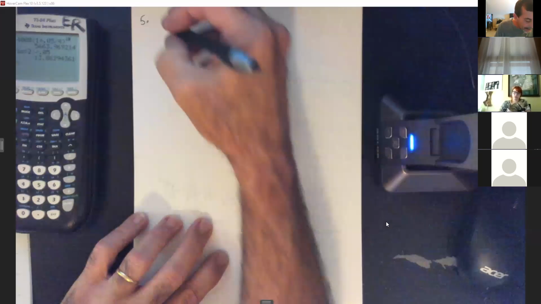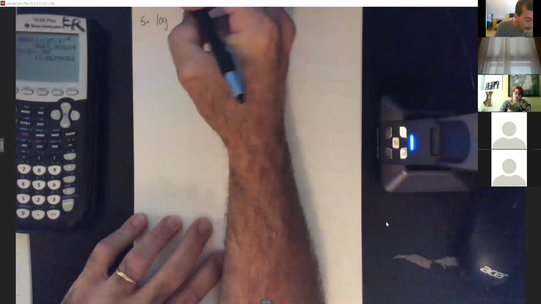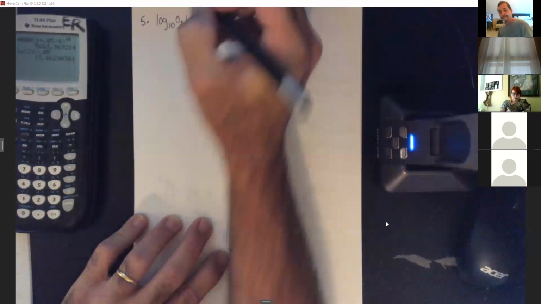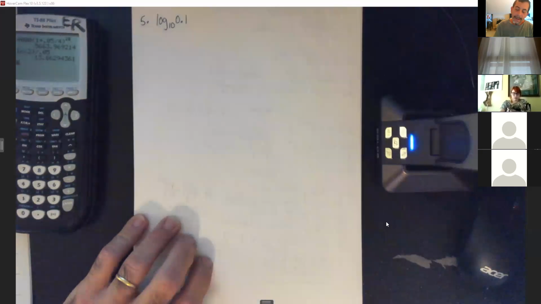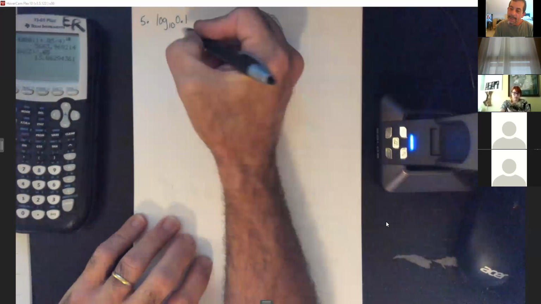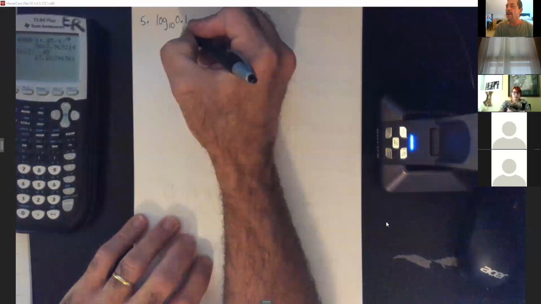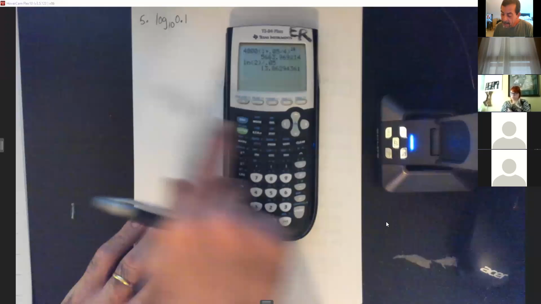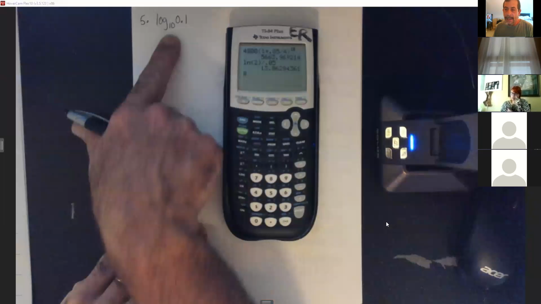We're just going to find logs, and most of y'all had these on your calculators. But this is a log base 10 of 0.1. Now, anytime you got decimals or fractions, you're probably going to get negative exponents for your answers. But remember, since that's a log base 10, you can use that log button right on the front of that calculator.